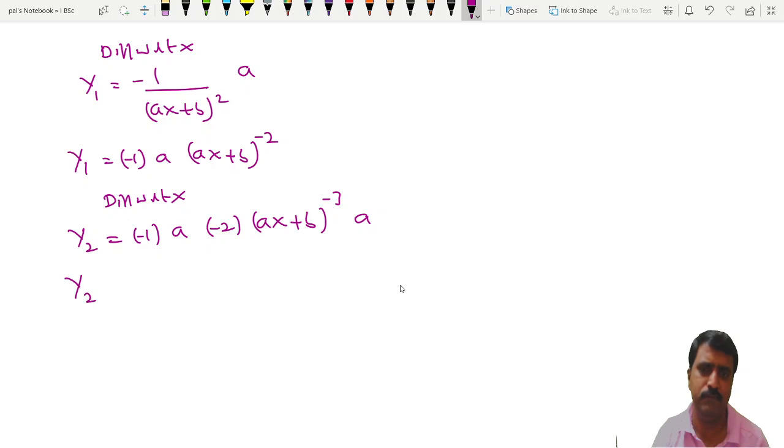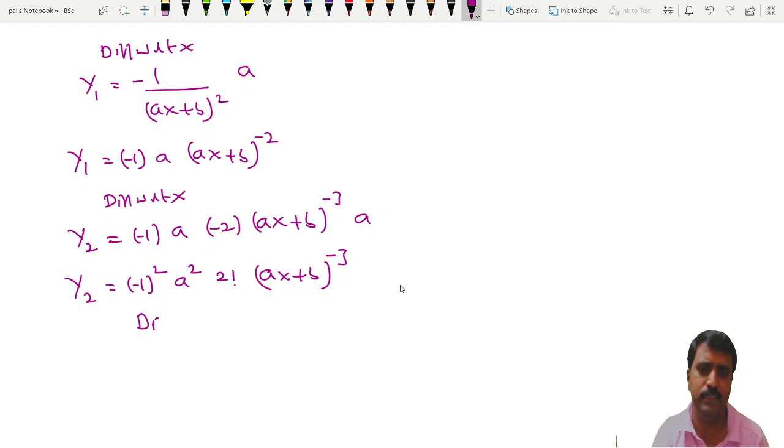So y2 is equal to, see, here there is minus 1, and here there is another minus 1. So minus 1 into minus 1 gives minus 1 whole square. a into a is a square. So remaining here is only 2. You can write that 2 as 2 factorial. This into ax plus b to the power minus 3.